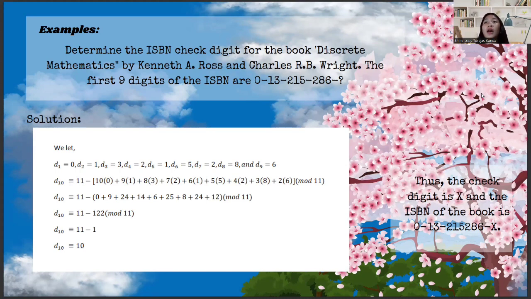But 10 is a 2-digit number, so we will not use a 2-digit number as the check digit. Instead of 10, we will use its Roman numeral equivalent, which is X. So the check digit is X and the ISBN of the book is 013215286X. The X there indicates 10.